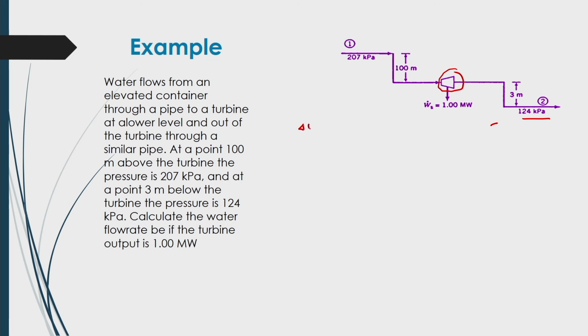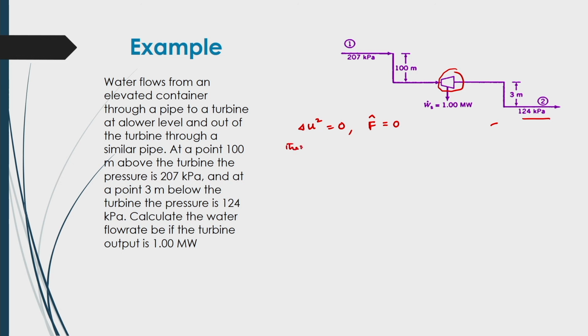So delta u square will be equal to 0, and the specific friction energy we can neglect here, so F hat will be equal to 0.